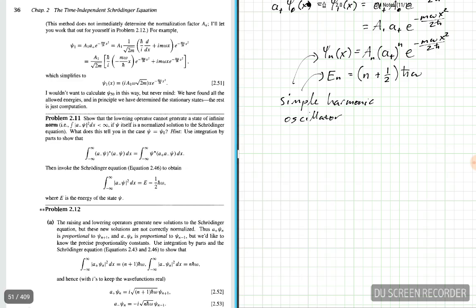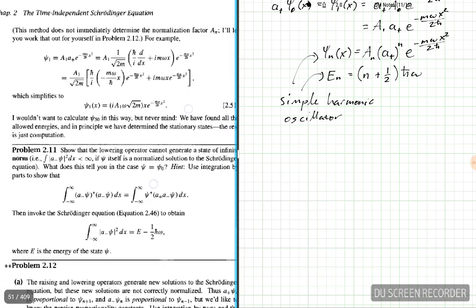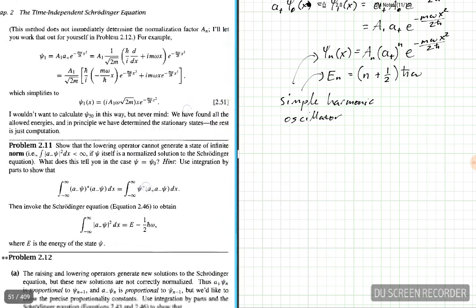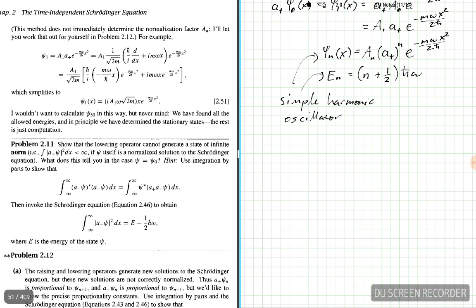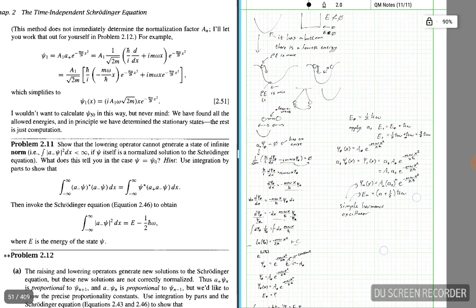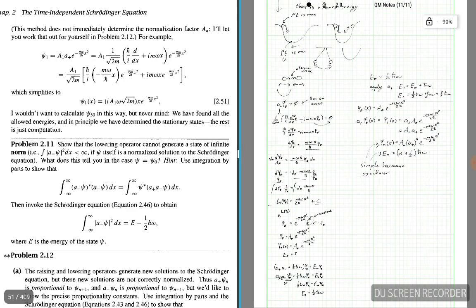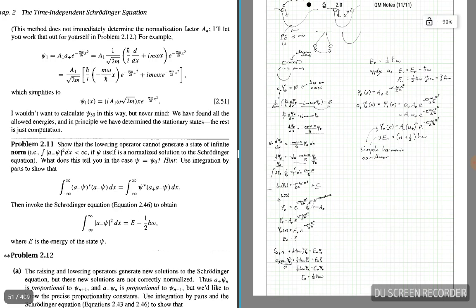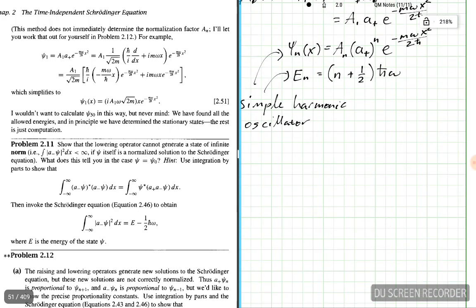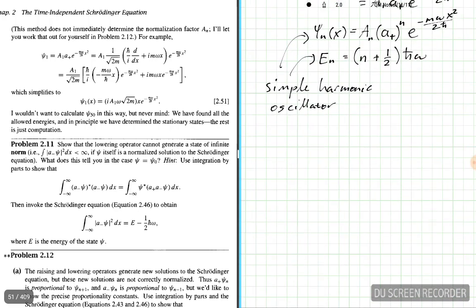Okay. Now, unlike the square well, we don't have at this point a specific normalization constant A_n, but we will get there. Now you can always work this out for each one. So here's an example of him working out psi 1, which is easy enough.